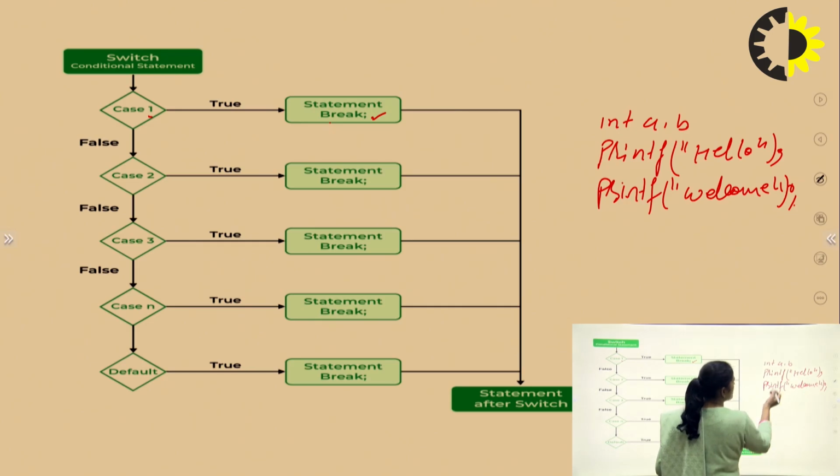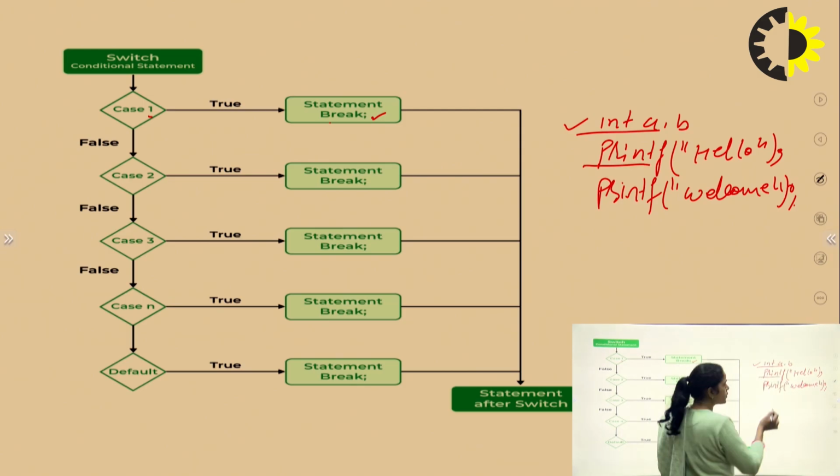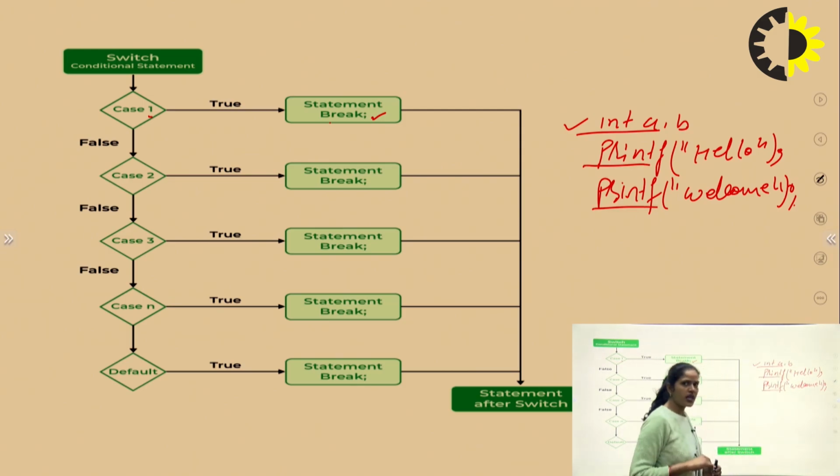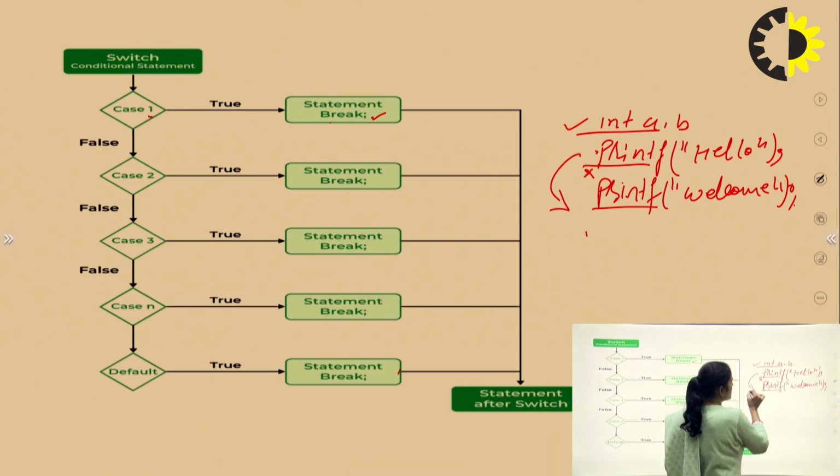So this is the program. First, this particular statement will be executed. Next, this statement will be executed. Next, this statement will be executed. Let's say I just want to break the control of the program here. So what I'm doing here is implementing this particular scenario by using a break statement.